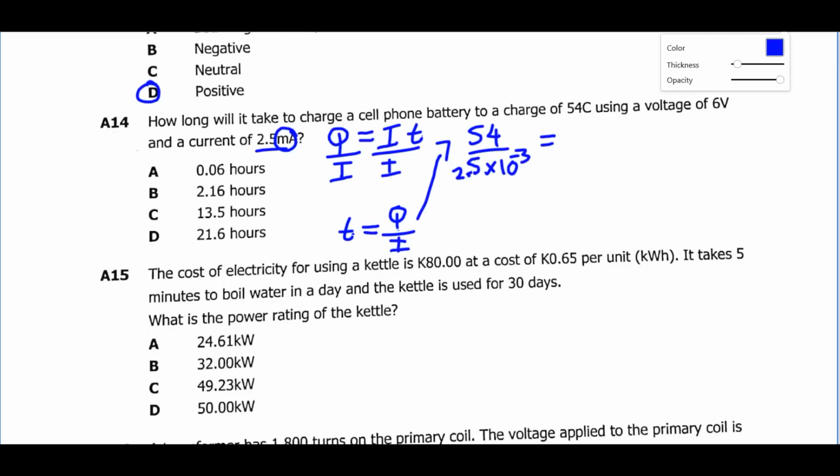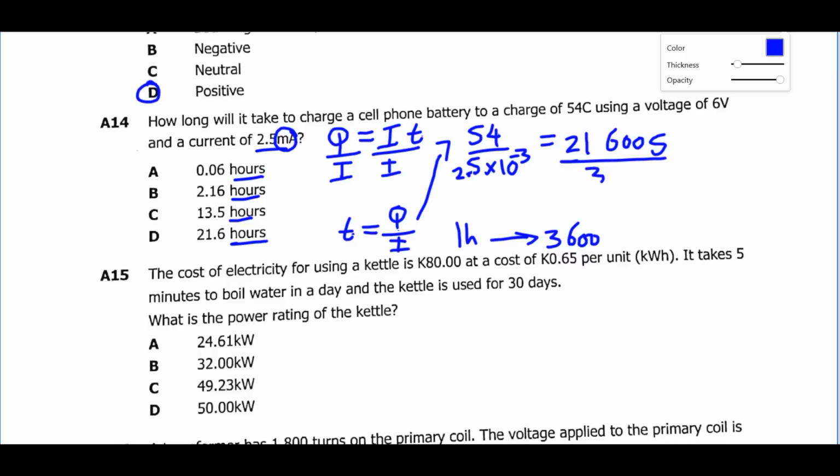So if we divide 54 by 2.5 times 10 raised to the power negative 3, I'm getting 21,600 seconds. So this is the time. Now we need to change this to hours. So remember, 1 hour is equal to 3,600 seconds.